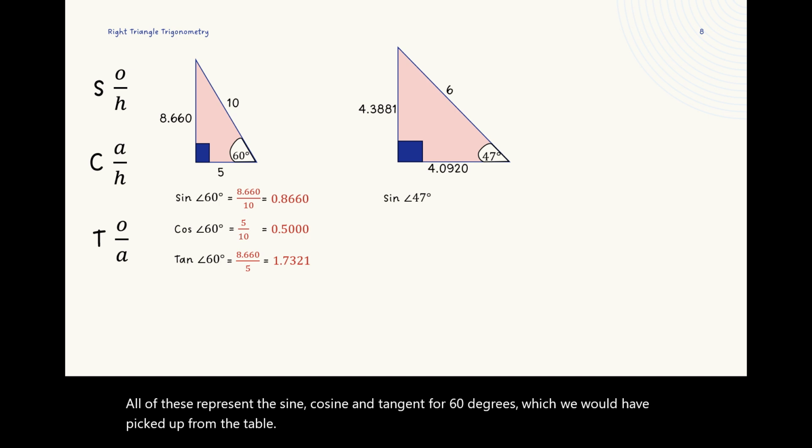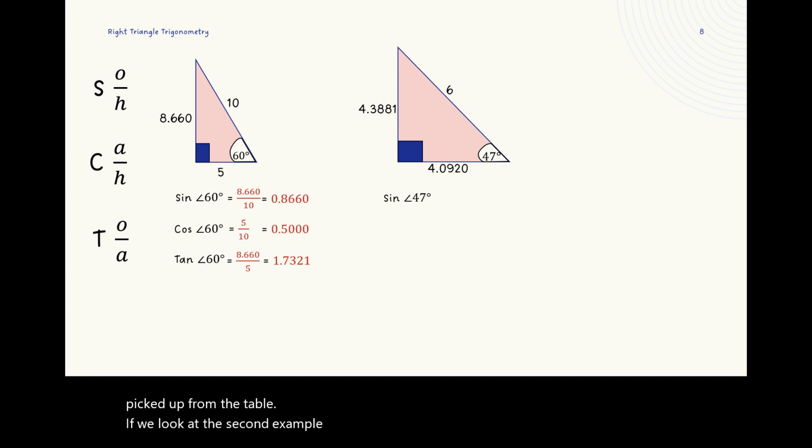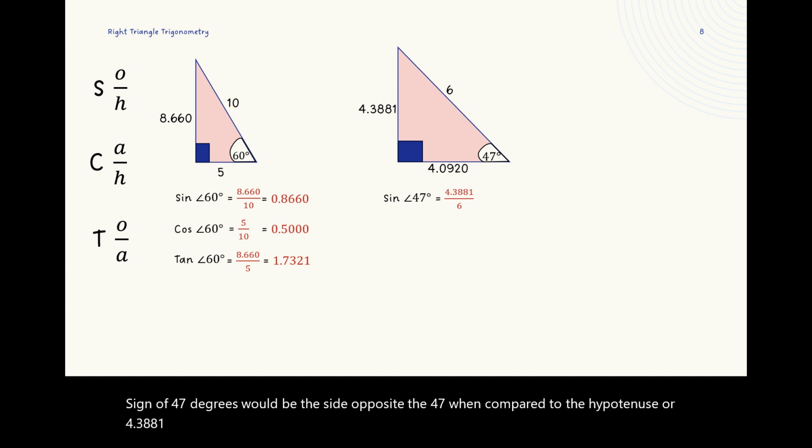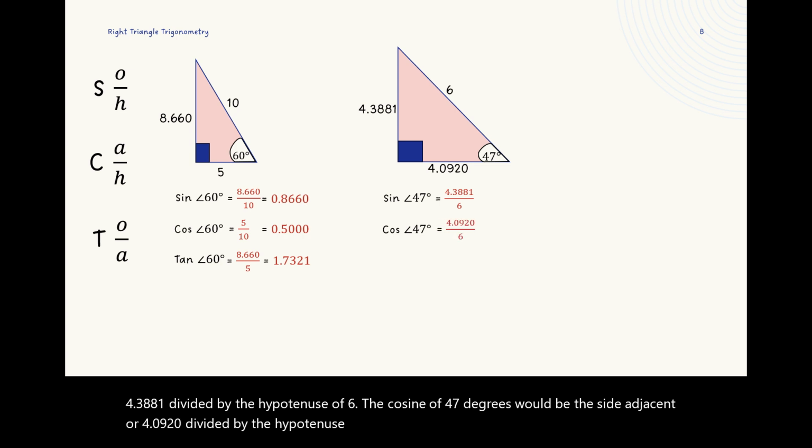If we look at the second example, the sine of 47 degrees would be the side opposite the 47 when compared to the hypotenuse, or 4.3881 divided by the hypotenuse of 6. The cosine of 47 degrees would be the side adjacent, or 4.0920, divided by the hypotenuse, which is 6.